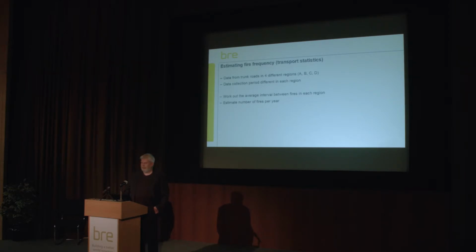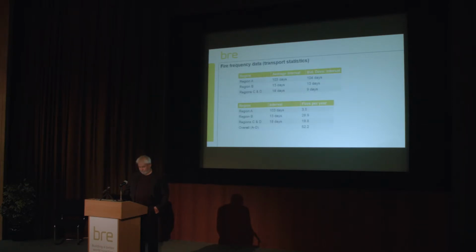So we need to work out the average interval, and then from that the number of fires per year. So this is the data, and as you can see, the regions vary quite a lot in the intervals between them. But overall, for all 4 regions, the estimate is around about 50 vehicle fires a year.